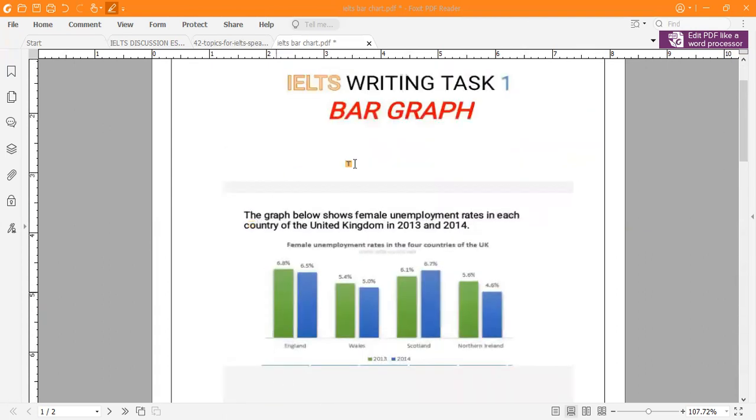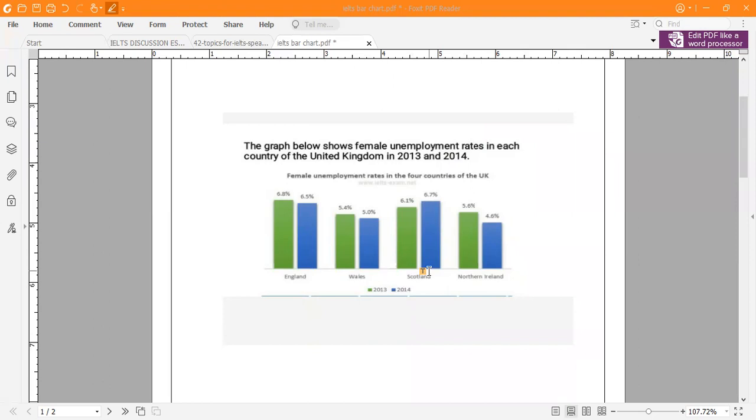First of all, this framework or this structure is called bar graph because we have other types. So we have 4 main points. We have paraphrasing, overview, analyzing, and conclusion. This is number 1. First of all, I need to paraphrase the question. And paraphrasing, you might change words, change structures, part of speech, and so on.